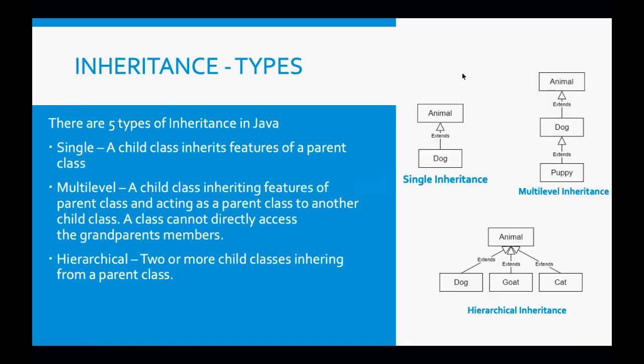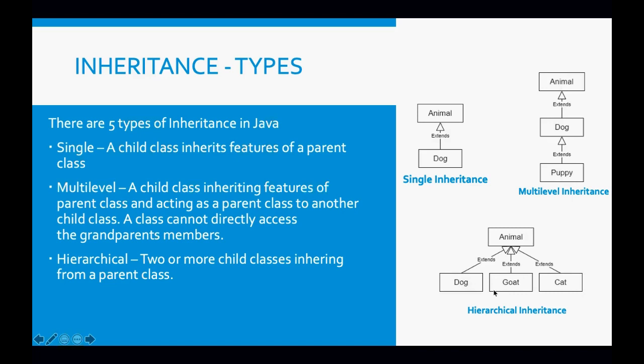The last type of inheritance is hierarchical, which means two or more child classes can inherit from the parent class. And I've got in this example here three different kinds of animals. So a dog can inherit the property eat from animal, goats can also eat, and cats can also eat. But these three child classes can also have their different methods and fields that they can declare.